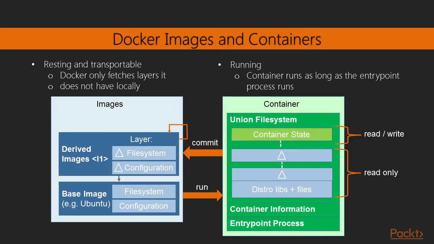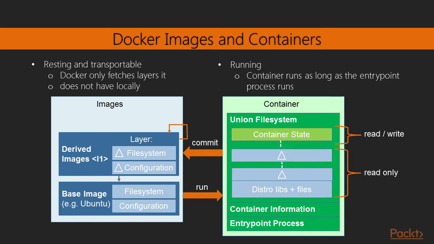Now, important to know is the difference between Docker images and containers, and you shouldn't get them mixed up. Docker images on the left-hand side, they're the resting and transportable representation. Such an image consists of multiple file system layers.